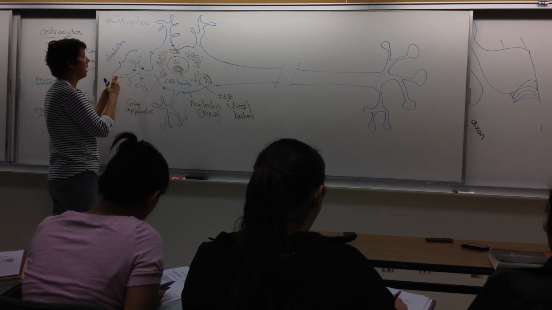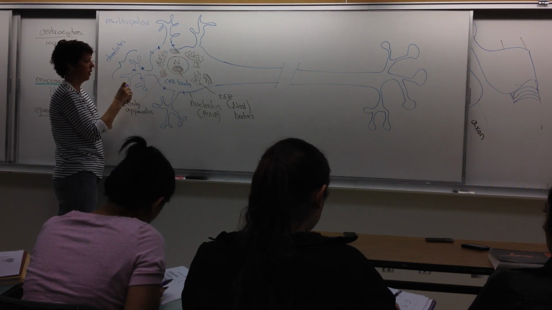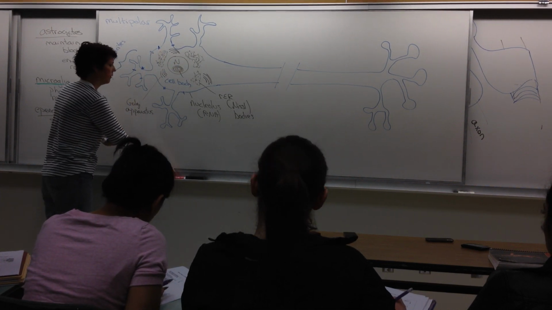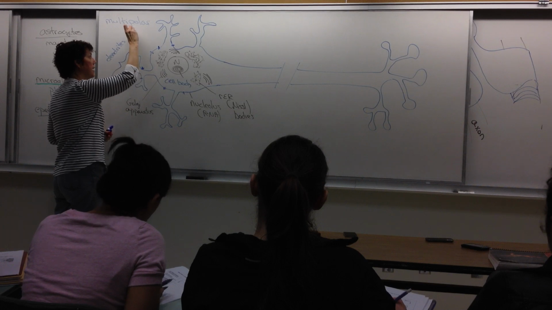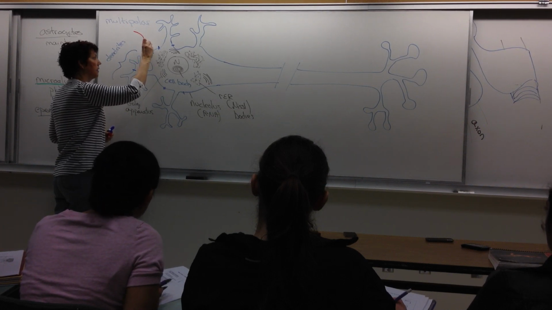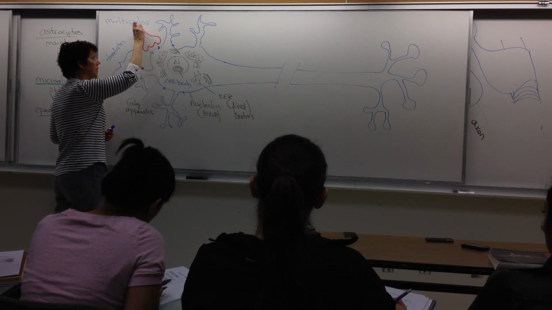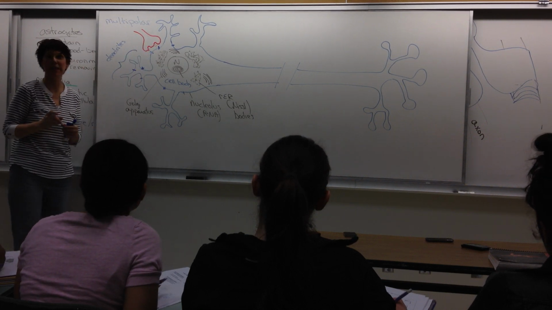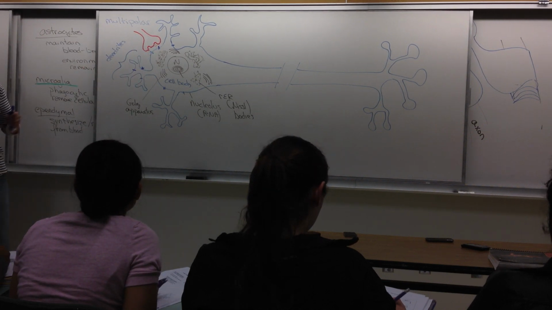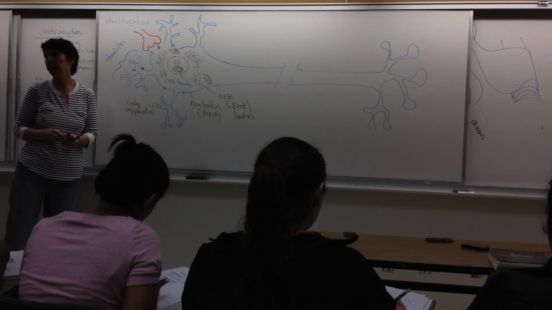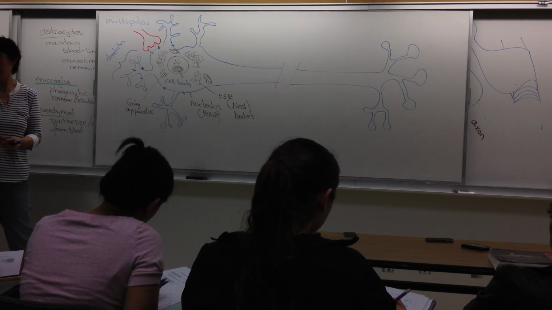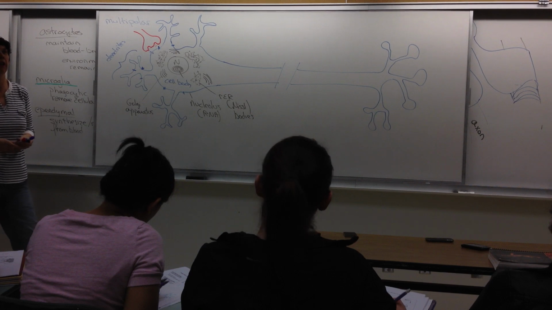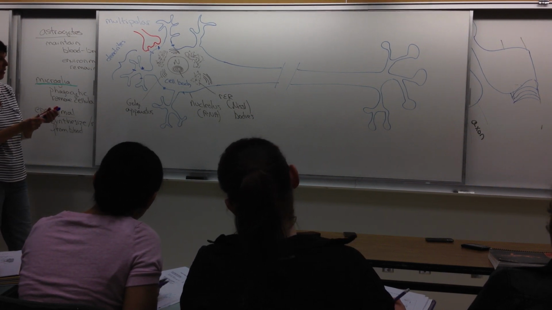So another neuron would send, let me do it in a different color here, would send its process to form a synapse and would release neurotransmitters that would bind to these receptors. And that would trigger a flow of current that may or may not be strong enough to trigger a flow through the rest of the cell.